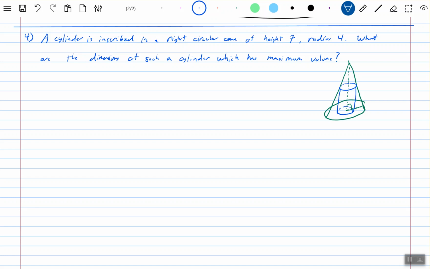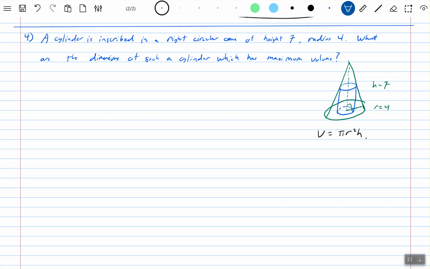So we know R is equal to 4 and H is equal to 7. Okay? So what we need to do is try and figure out how to set up our equation. We know that the volume of a cylinder is given by pi r squared h, but that's in two variables. So we have to figure out how to relate r and h together. We have to use the fixed information.